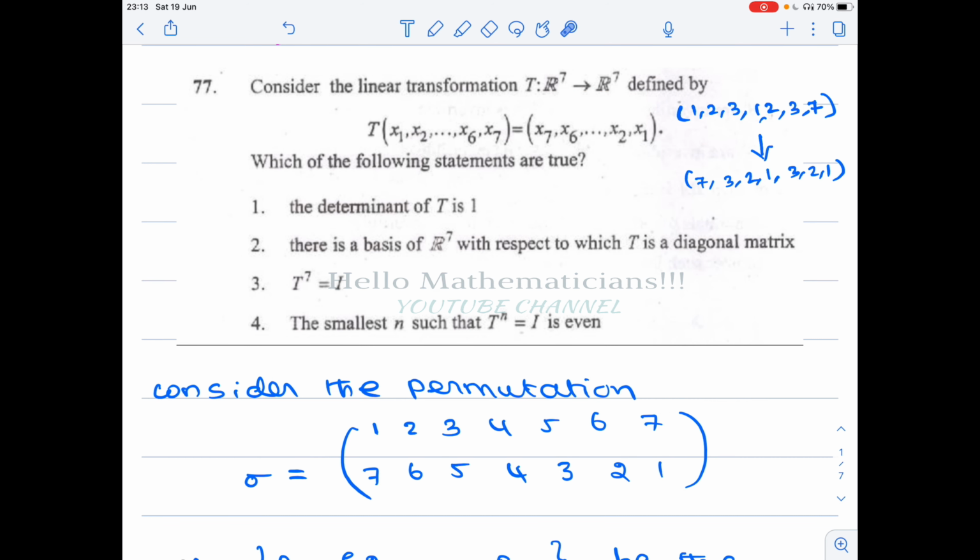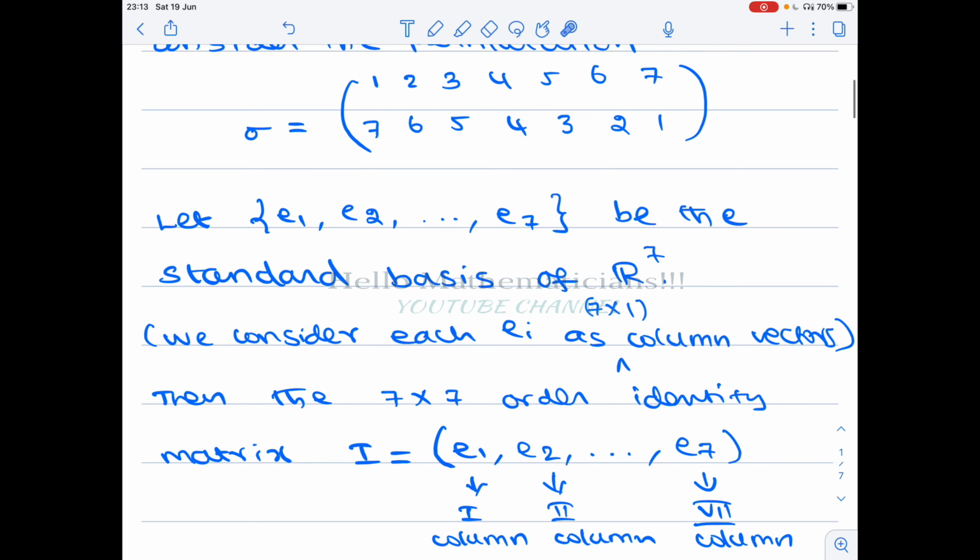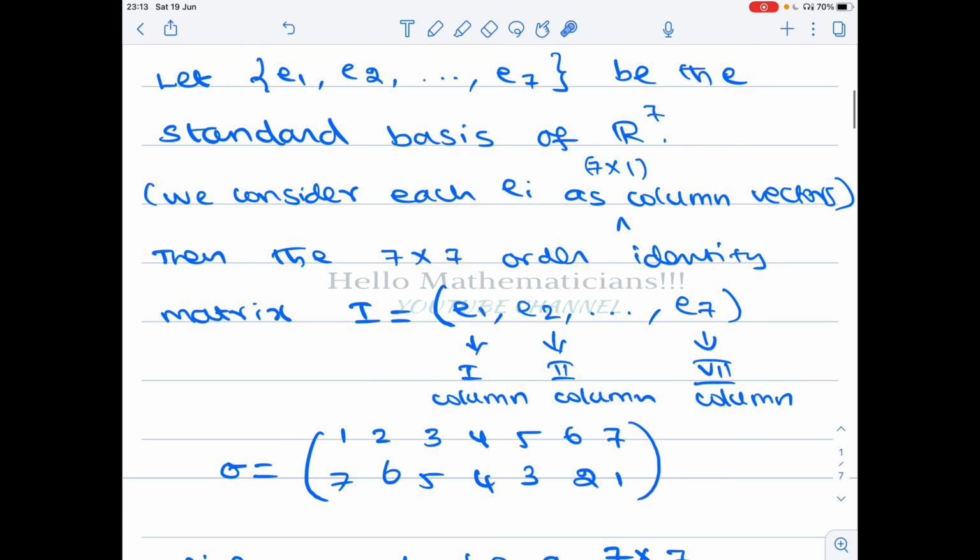Now we are going to relate this permutation and this linear transformation. Let's see how. We take e1, e2, ..., e7 to be the standard basis of R^7. Standard basis means at the ith place 1, everywhere else 0. That is our ei. We consider ei as column vectors, so it is a 7 by 1 column vector.